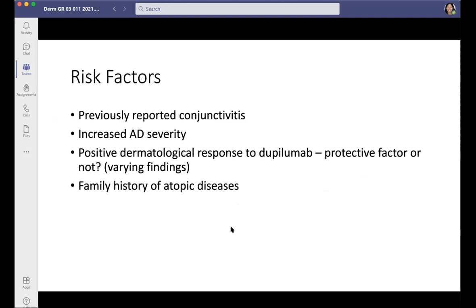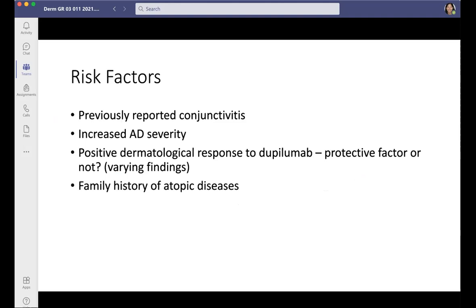So the risk factors for someone having these kind of reactions to Dupixent include previously reported conjunctivitis, a baseline increased severity of their atopic dermatitis, and then there's some controversy about whether a positive dermatological response to dupilumab is protective or not.